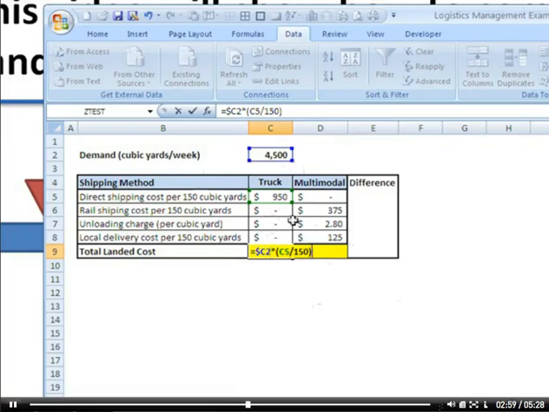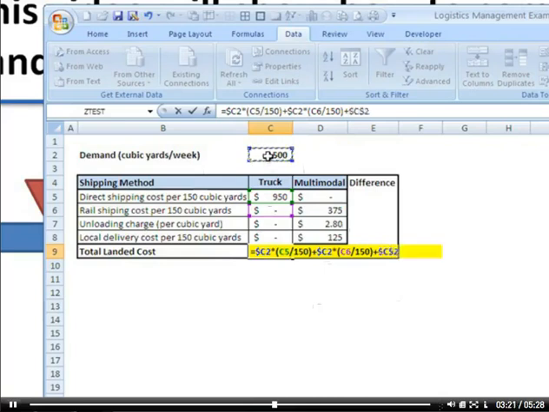So it's the cost of shipping by truck plus the cost, and we're going to anchor that real quickly, of shipping by rail. And again, rail is for 150 cubic yards, so we're going to take that amount and divide it by 150 again, plus the cost of unloading.